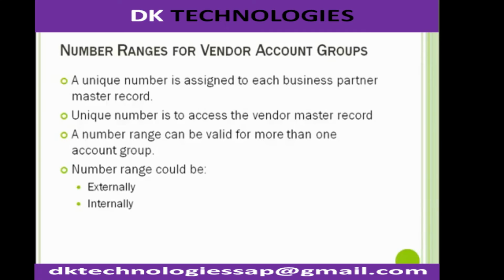We prefer to put different number ranges for different vendor groups because it becomes easier to identify, with the initials of the number range, which group a vendor is part of, whether it is a service vendor group, a one-time vendor group, or a domestic vendor group, whichever it may be. And that particular range is defined to the vendor account groups, on the basis of which, whenever you create any vendor master, that number is assigned as an automatic vendor master number by the system.